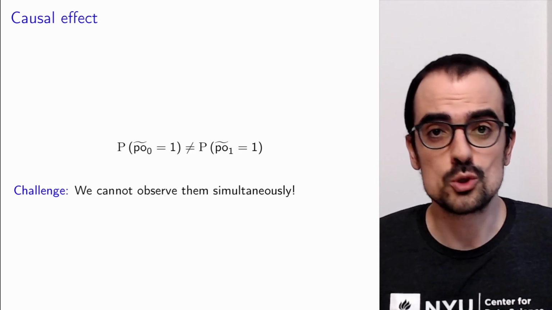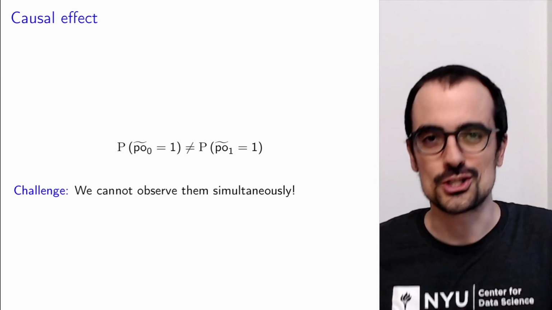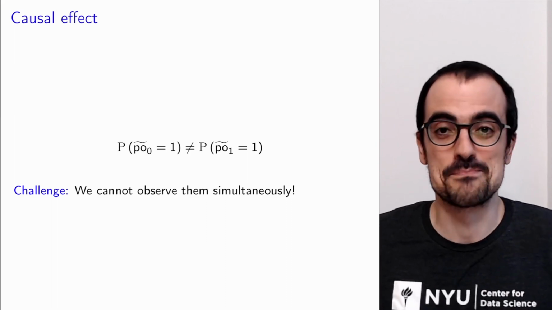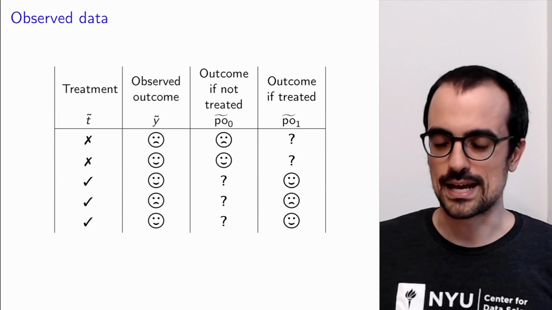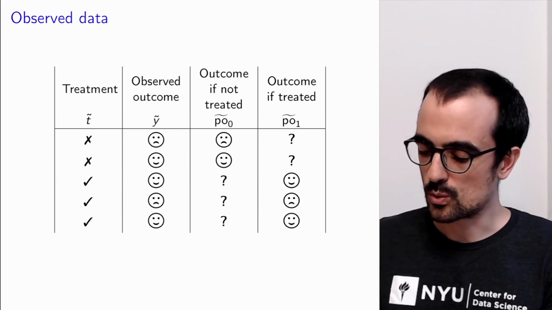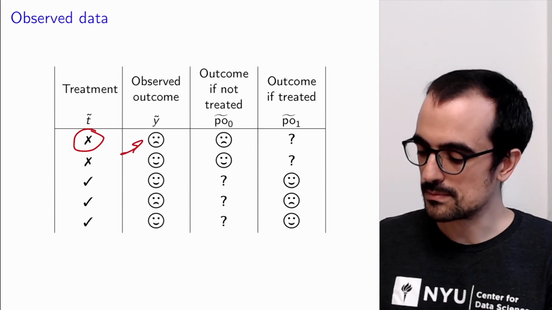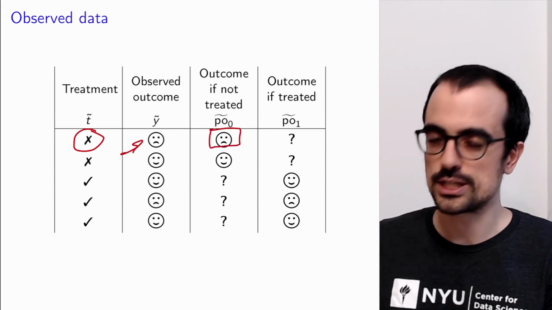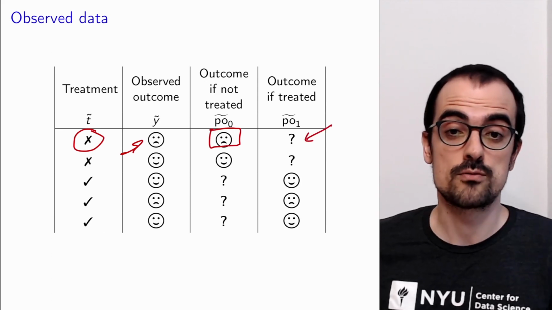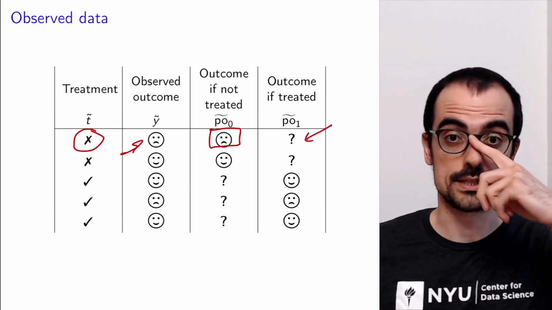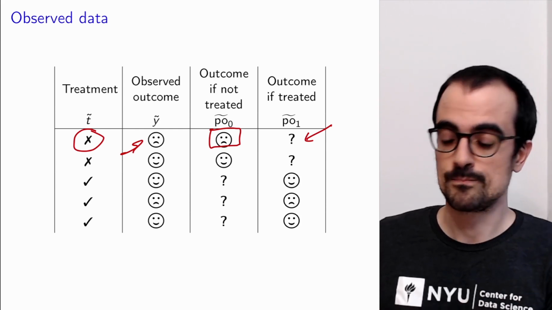The problem is that we don't observe this because we cannot take the whole population and give them the drug and also not give them the drug. That's just impossible. Instead, we have to work with this data that we have. In the data, when we don't apply the treatment, then the observed outcome corresponds to the potential outcome associated to no treatment, but we don't see the other potential outcome for that particular person, the potential outcome associated to them receiving the drug because they didn't receive the drug.